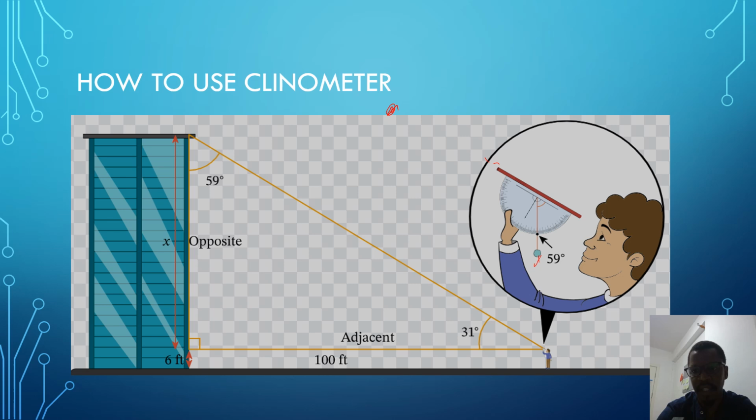If you see that object, so that angle that is being created there is what we call angle of elevation. So it's what will give you angle of elevation. In this case, if you are looking at that object here, you will find out that line will give you a certain angle. Then you measure that angle. In this case, it's this 59 here. Okay, that angle is that 59.